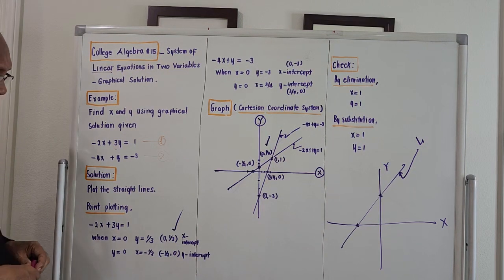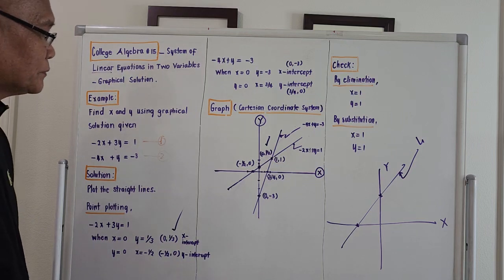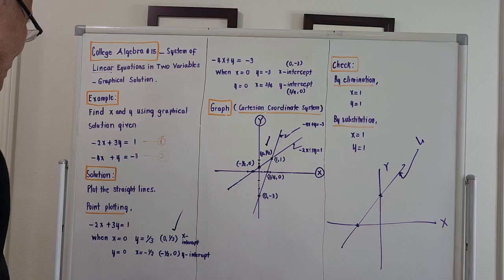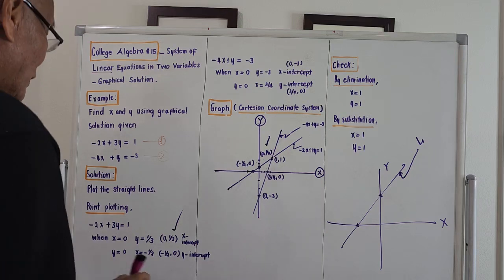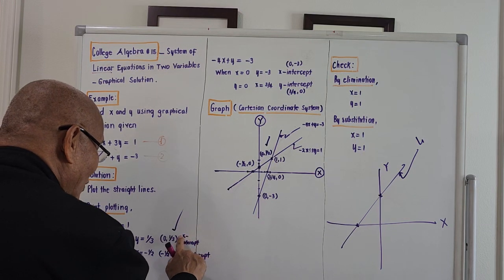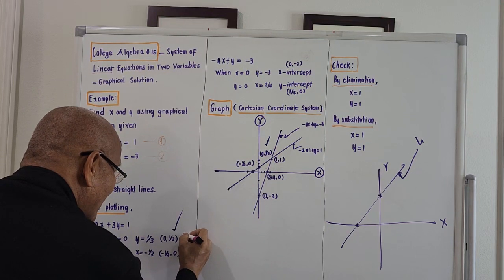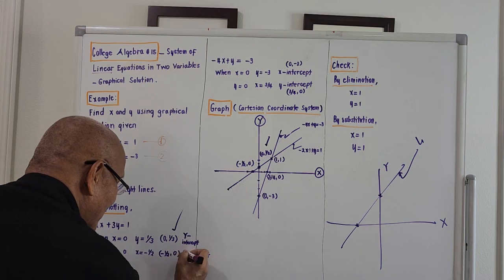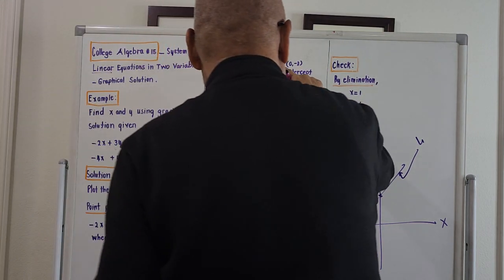Sorry, when x is 0, this should be the y-intercept. This next one will be the x-intercept.